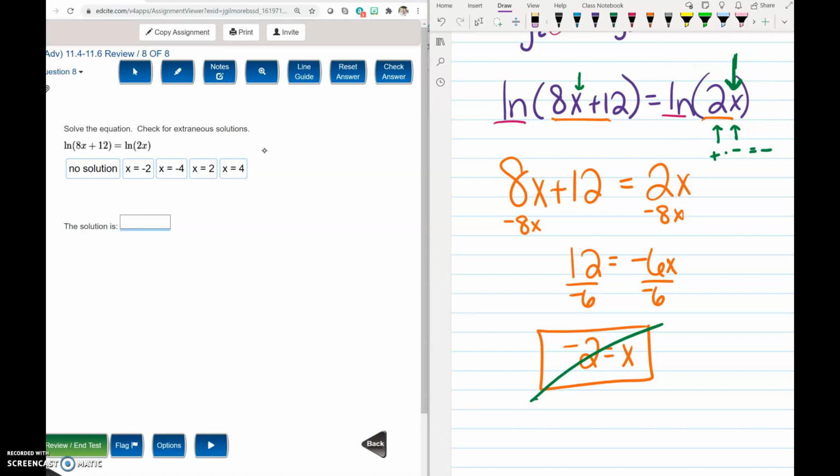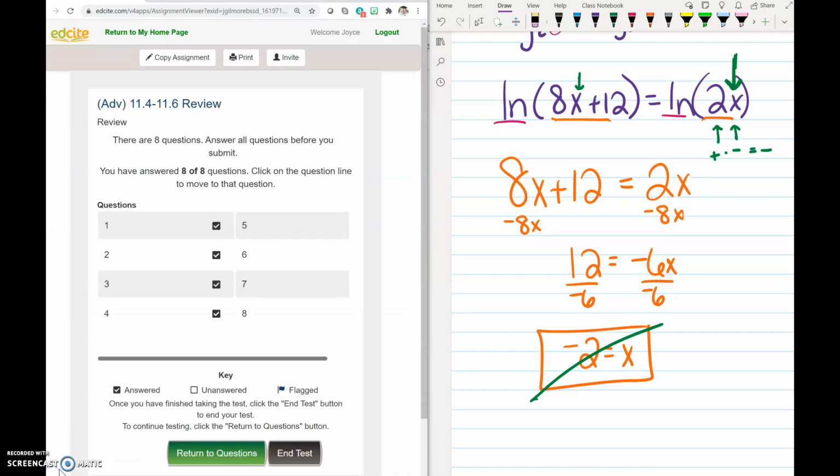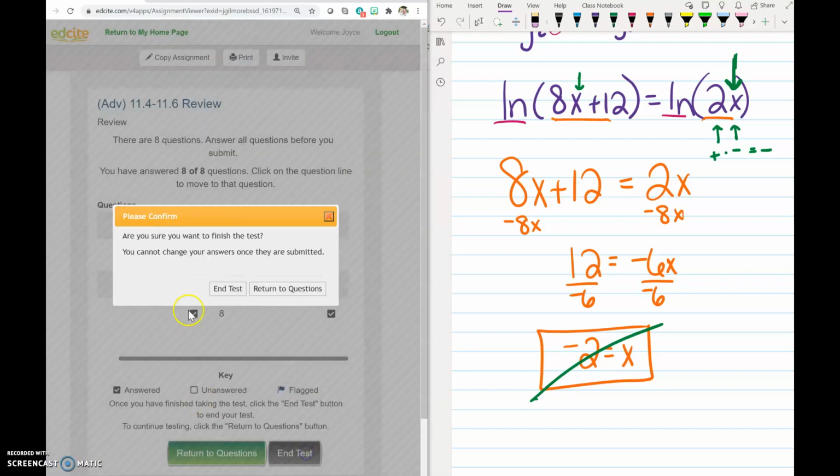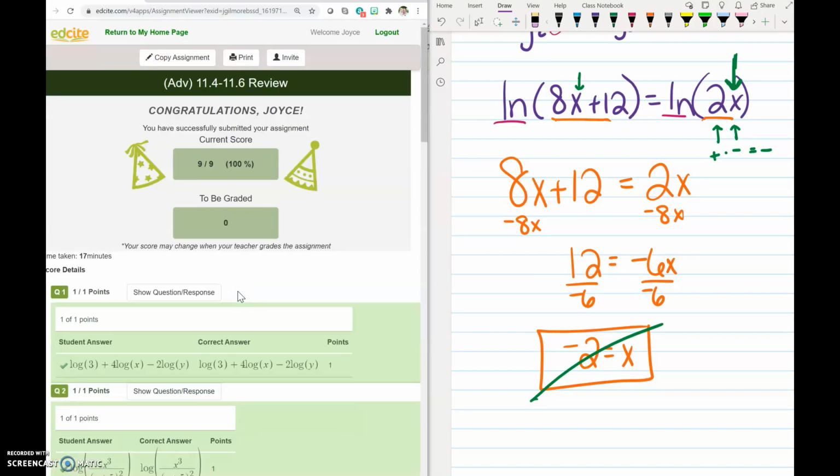So positive 2 times a negative number is going to be negative. That's bad. So if negative 2 doesn't work, the answer must be no solution. I think that's it. Did we answer all of the questions? Yes. Ta-da!